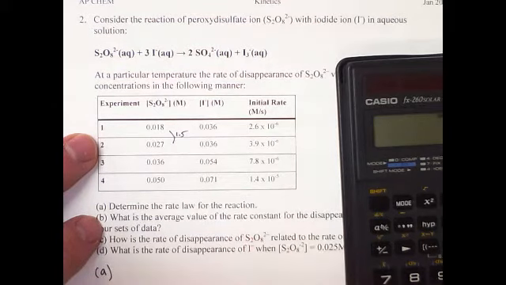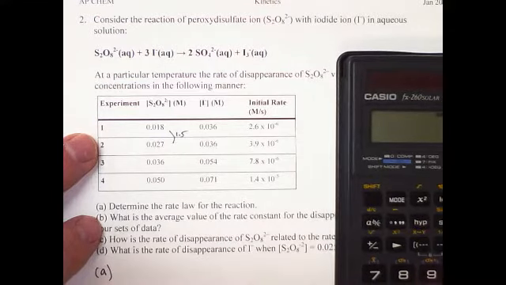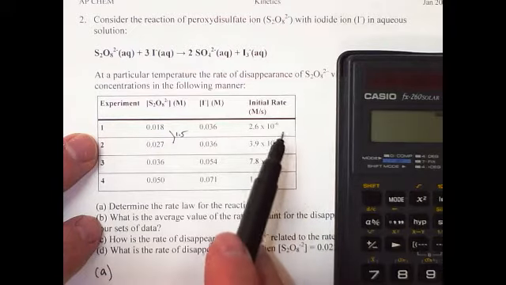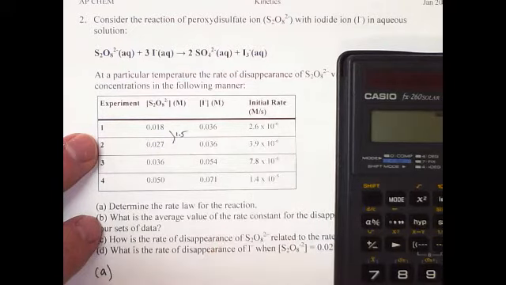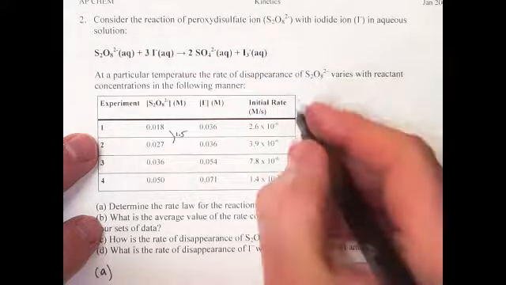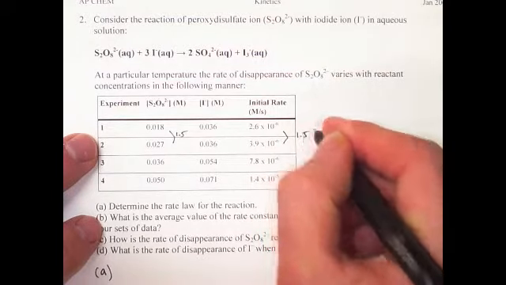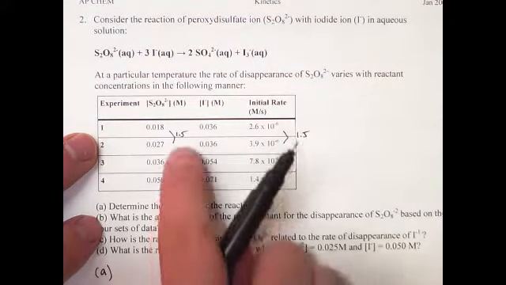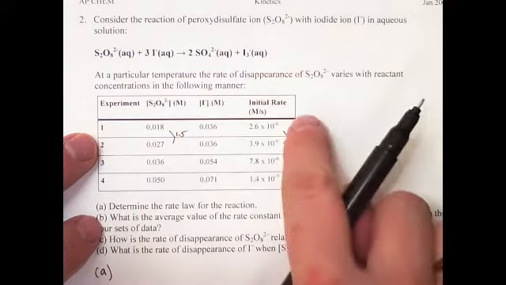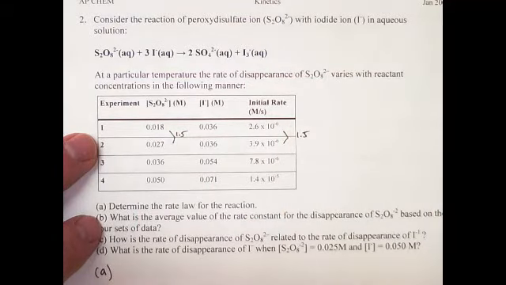So now the trick is to see how the rate increases. I have 3.9 divided by 2.6. Again, you have to watch that the exponents are the same. And this increases by 1.5. So by increasing the concentration by 1.5, I'm going to increase the rate by 1.5.